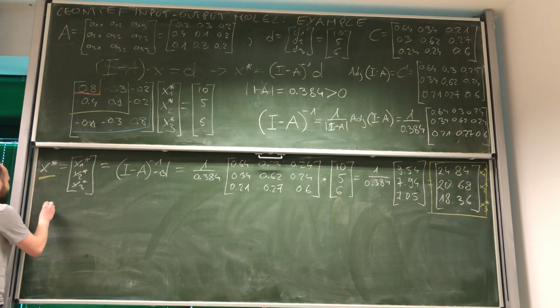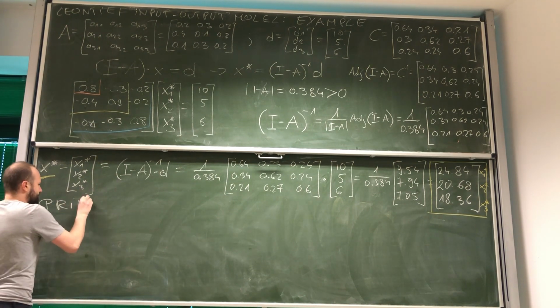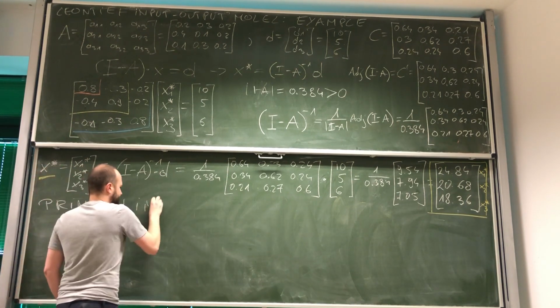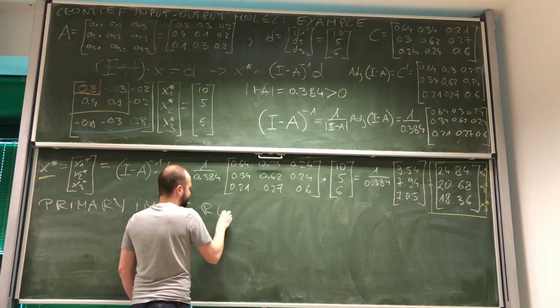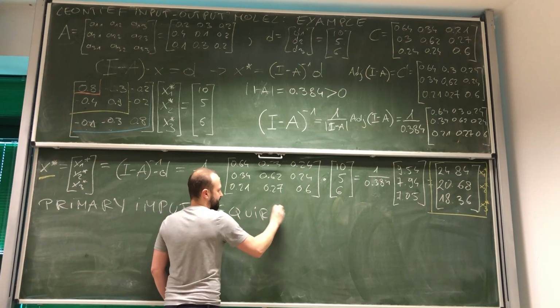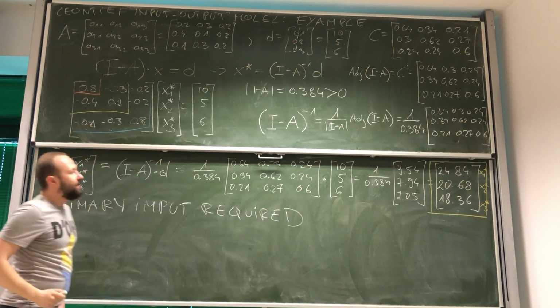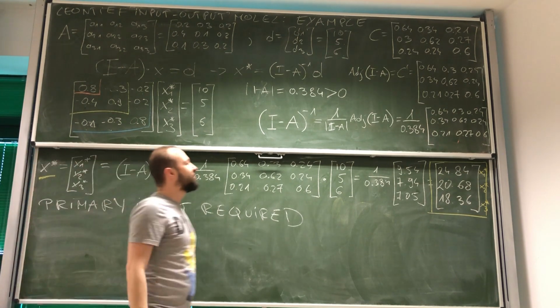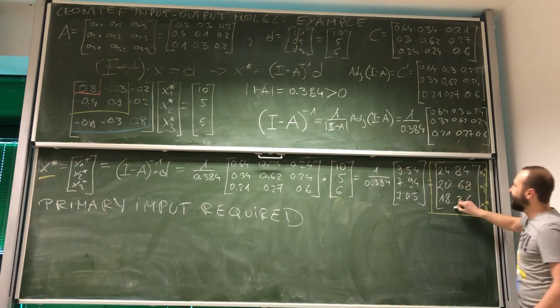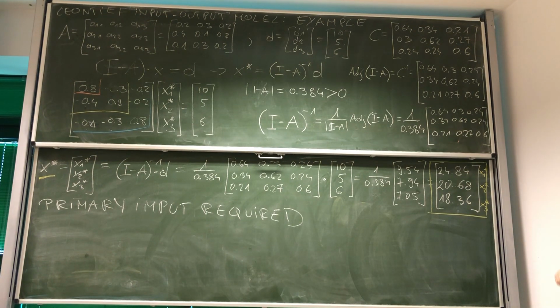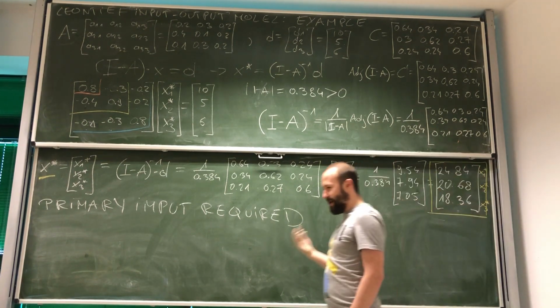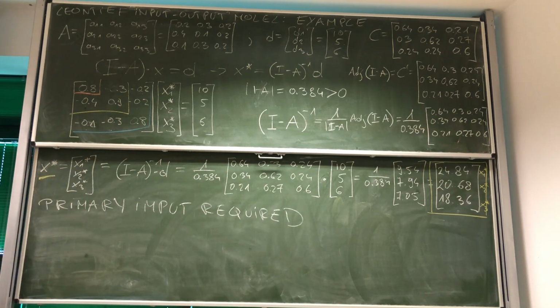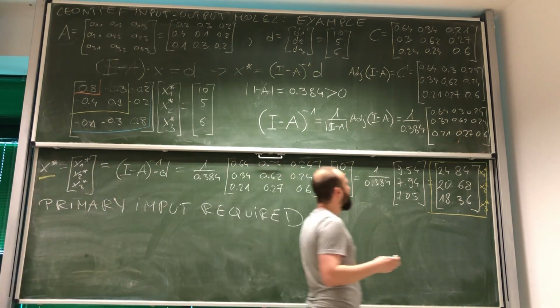So, in other words, what is the primary input required to maintain, to assure these levels of production? Okay, now, how do we calculate it? Well, what we need to do over here is to use the outcomes that we've got.